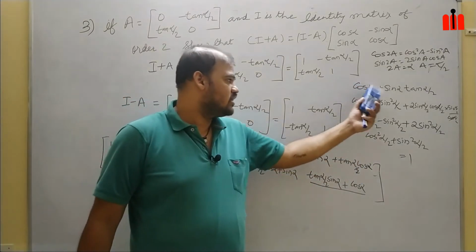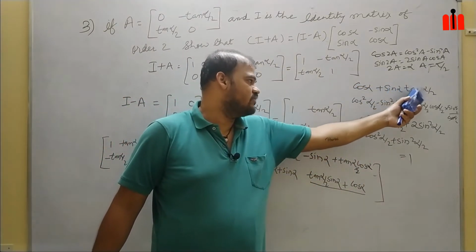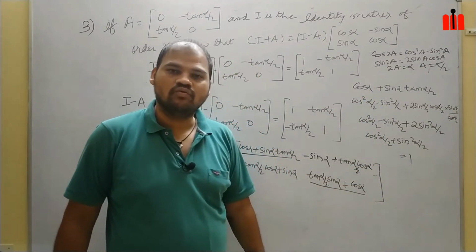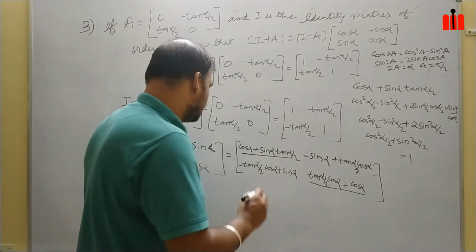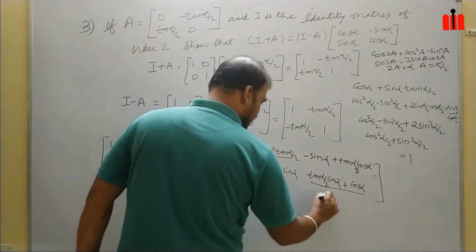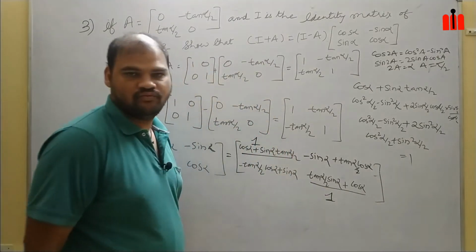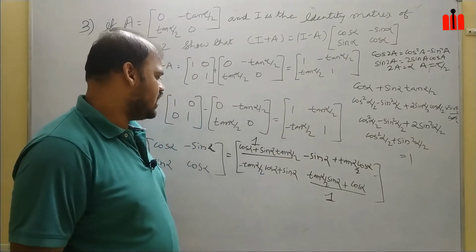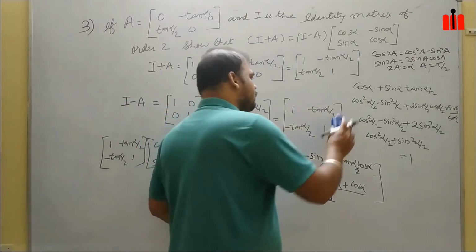Okay, so cos alpha plus sin alpha tan alpha by 2, if you solve it, you will get it as equal to 1. Okay, so the first term and second term both are equal to 1. Okay, now I will solve this one and we will see what this term will be.